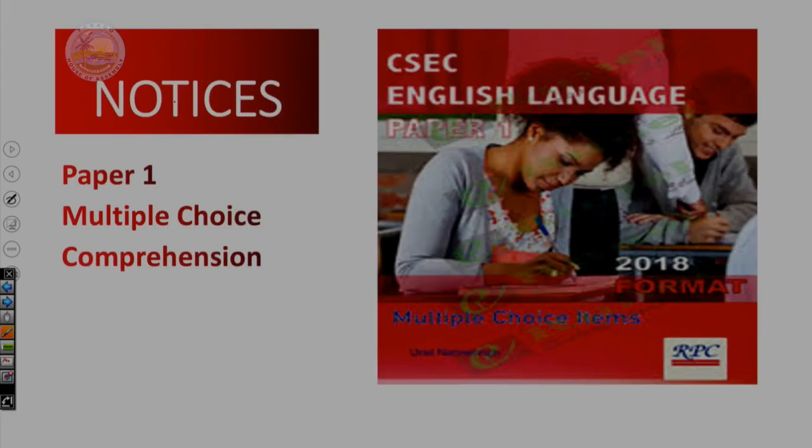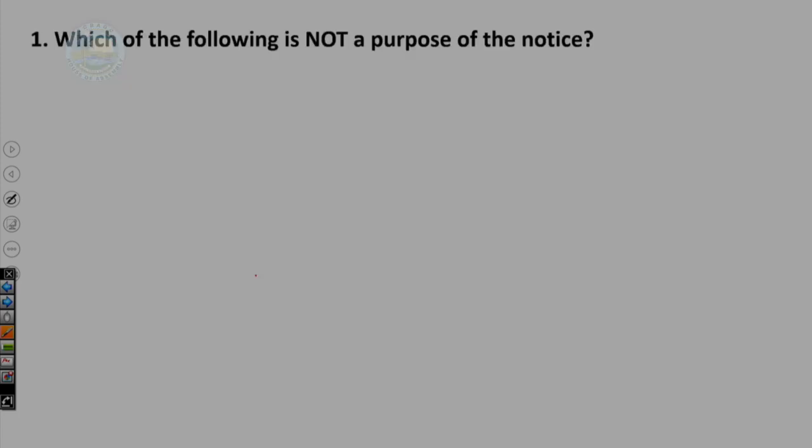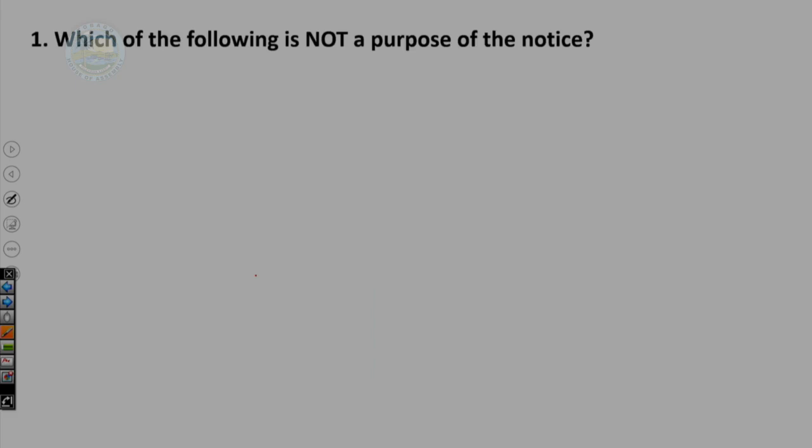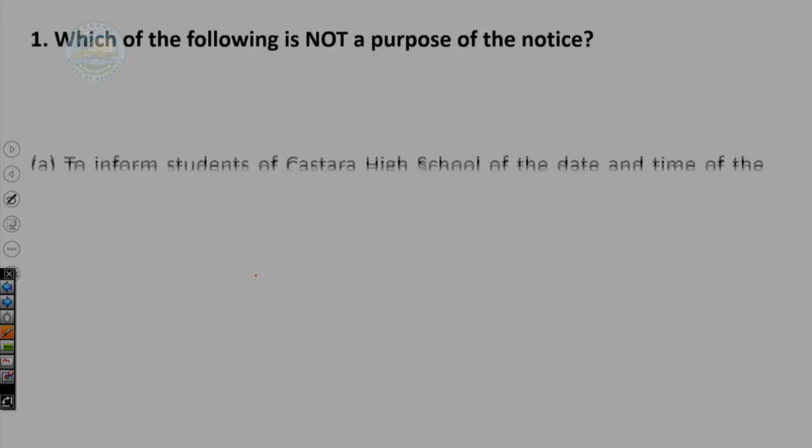So let's take a look at how all of this applies to multiple choice for your Paper 1. If you do your Paper 1 exam and you have a notice, it will come under your comprehension. It's going to be in the form of comprehension. So if we look at that same notice that we did on Castara High School, it asks: which of the following is not a purpose of the notice?